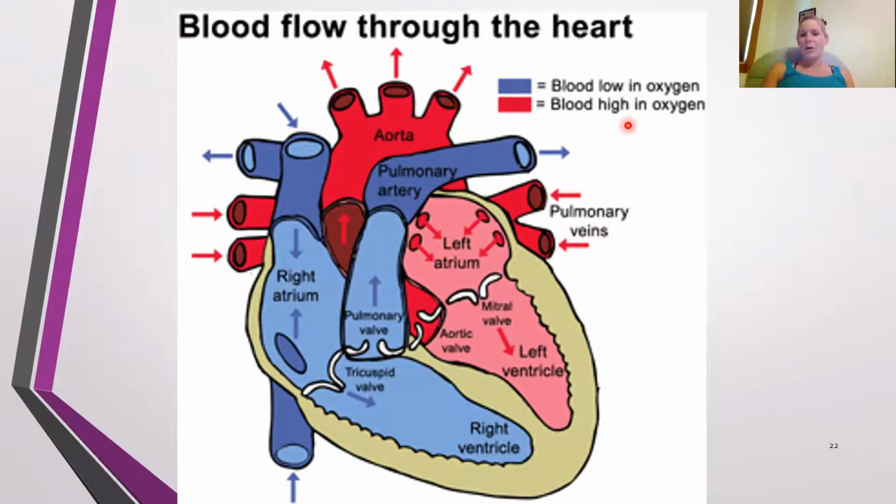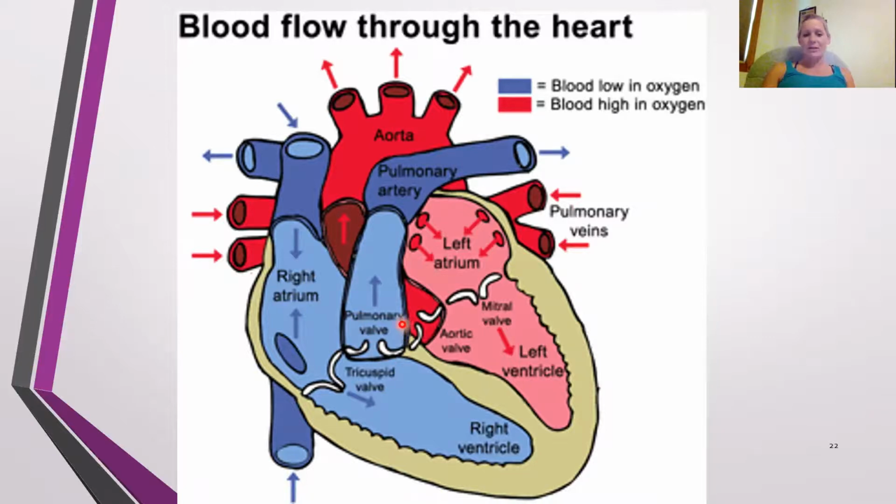Okay. Once we drop off oxygen and nutrients and pick up waste, we're going to return that blood through the vena cava, which is just these blue tubes here. We have an inferior vena cava and a superior vena cava. That's going to dump into the right atria. We're going to move from the right atria to the right ventricle through the tricuspid valve. The right ventricle will contract, and that allows us to send blood out through the pulmonary artery.